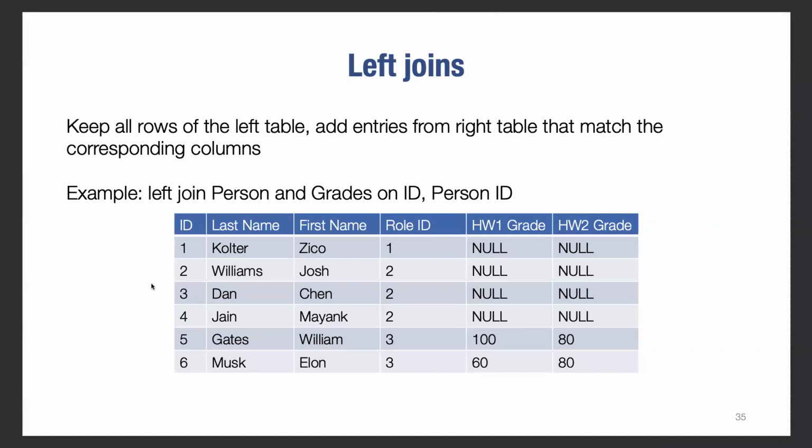So now for the left join, like I explained, it's going to keep everything that you have in your left table, but introduce nulls into the right table where there is no match. When we did the inner join, we realized that there are only matches for person IDs 5 and 6, correct?